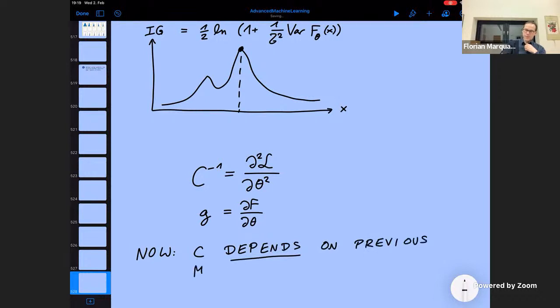So because C depends on the previous measurements, that means also the best choice of x, so the x star that I will choose, depends on those. And that means we really have an adaptive strategy. We have to look at what is the result of my measurement. And depending on the result, I will get one or the other choice for the next measurement to do.